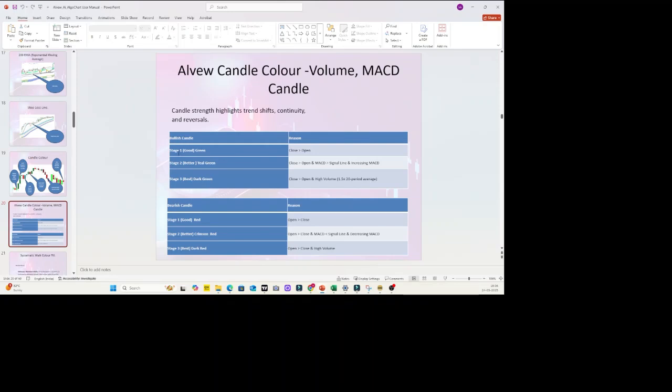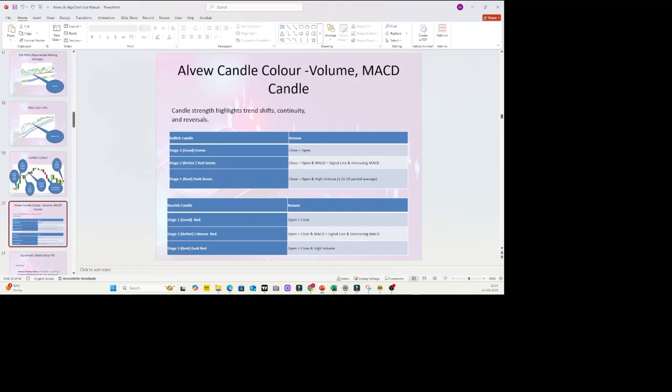Now we will see why these three kinds of candles exist. First is stage one, the green color, where simply close is greater than open. In stage two, we see that close is greater than open, MACD is greater than the signal line, and MACD is increasing; then we say the teal green color is there.